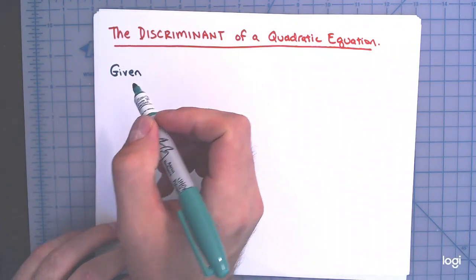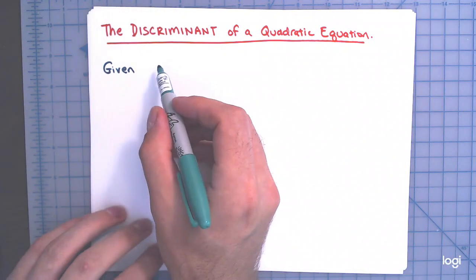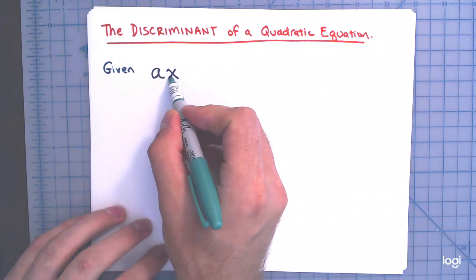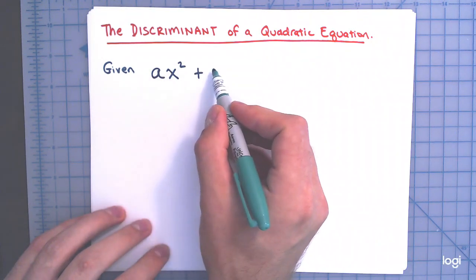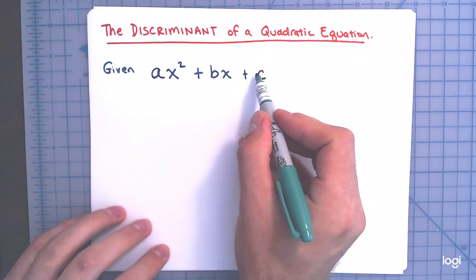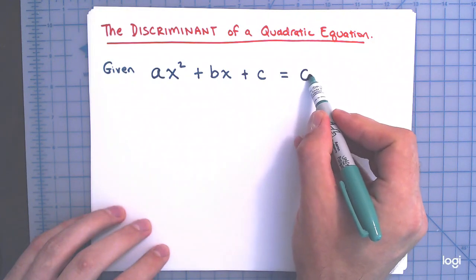If you recall from prior videos, a quadratic equation in standard form had everything on one side, a quadratic polynomial, ax squared plus bx plus c on one side, and then 0 on the other side of the equal sign.